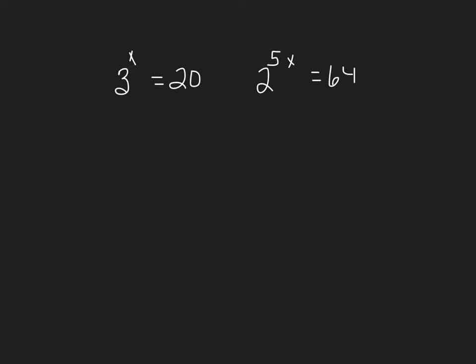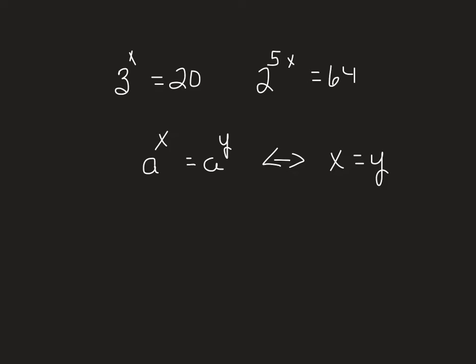And that base exponent property says that if we have a to the x equals a to the y, notice the bases are the same, then this is true if and only if x is equal to y. So if this is a true statement, if we have the same base, then the exponents are equal.